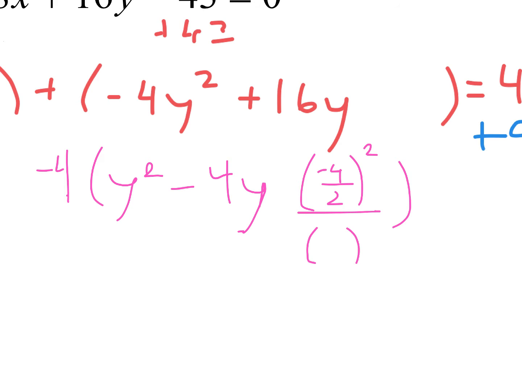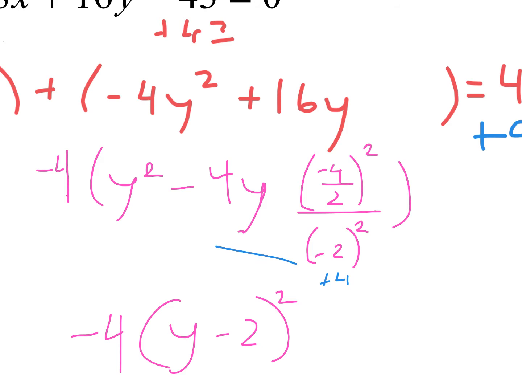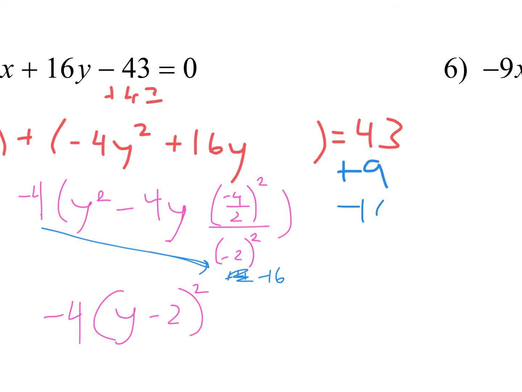And negative 4 over 2 is negative 2. So what's going to go in my parentheses? Y minus 2 squared. And that negative 4 stays out front. And then I'm technically adding what here? So this is 4, but it's also times that negative 4 out front. So I'm subtracting 16 in here. So I have to subtract 16 on the right side too.